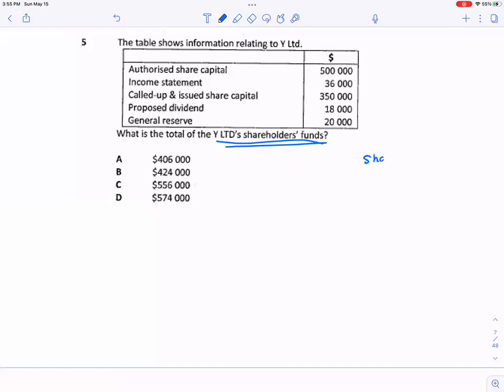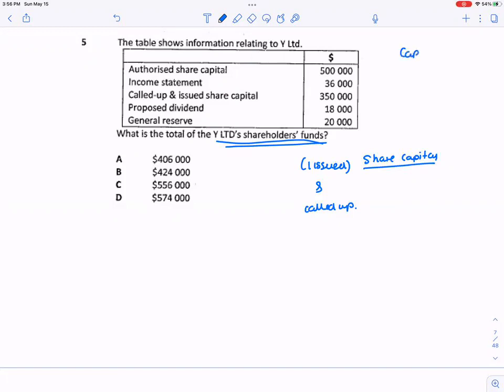Share capital, that means you will only take the issued and called up share capital. What else? Will we add anything else other than issued and called up share capital? I don't think so.